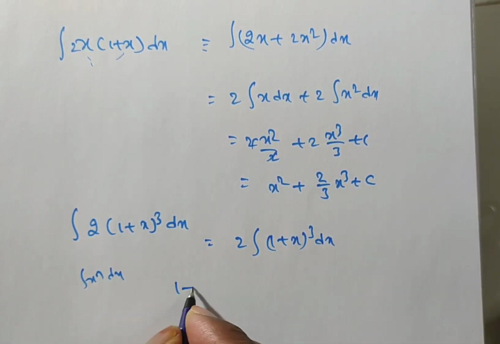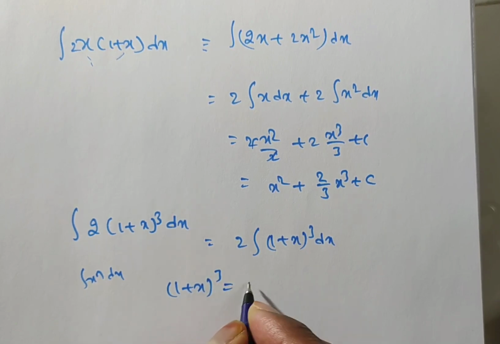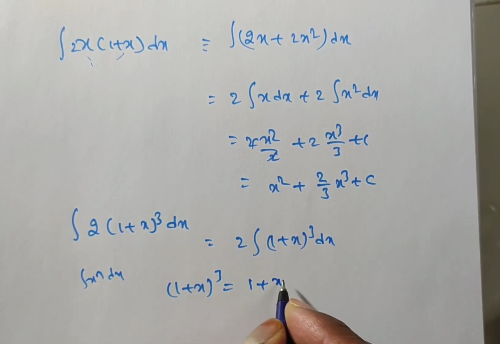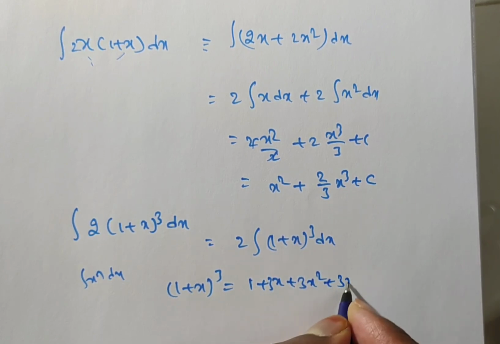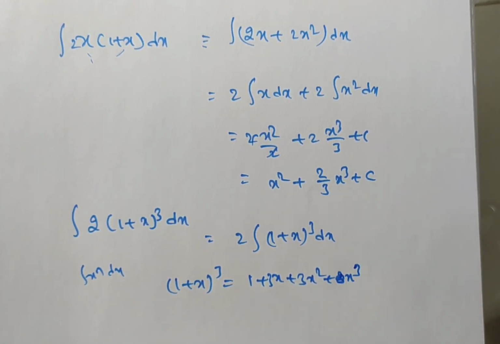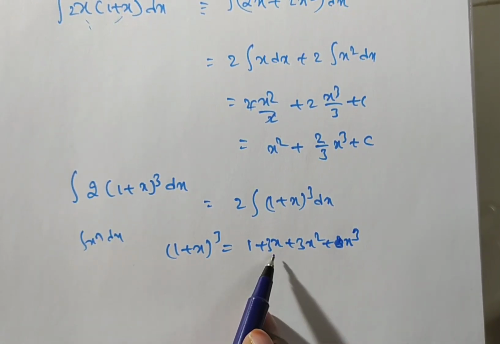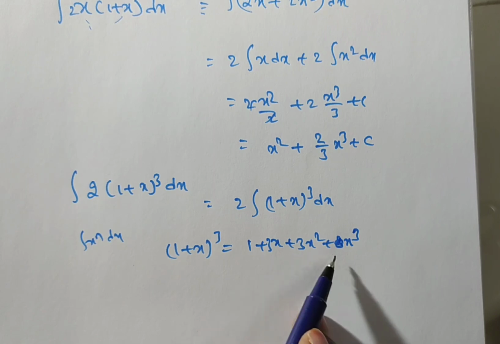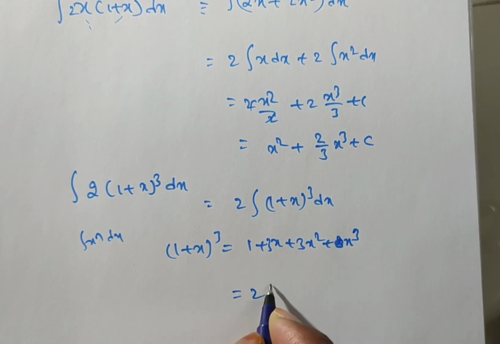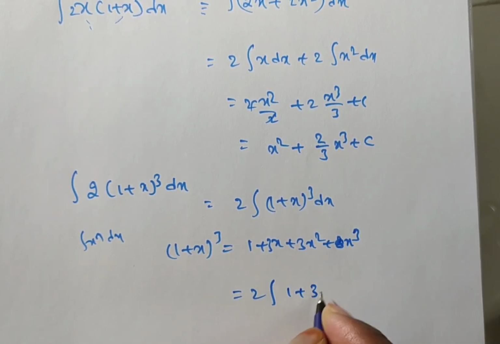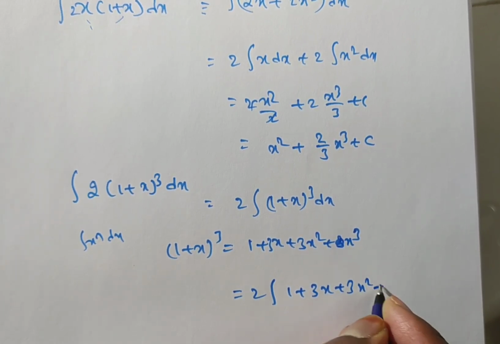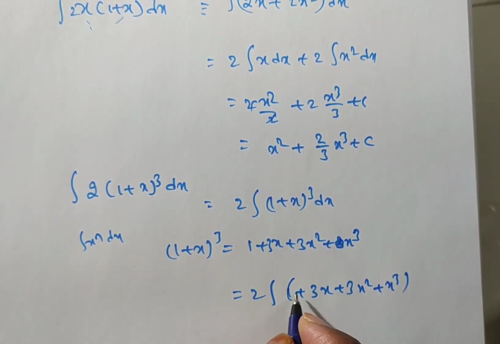We have a formula: 1 plus x whole cube is equal to 1 plus 3x plus 3x square plus x cube. Based on the formula a plus b whole cube equals a cube plus 3a square b plus 3ab square plus b cube. Now this is 2 times integral of 1 plus 3x plus 3x square plus x cube dx.